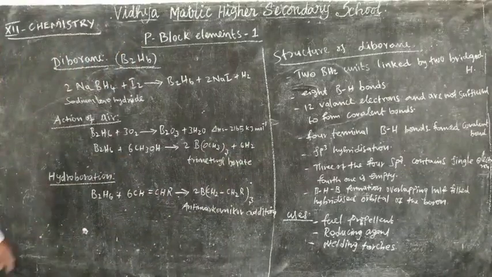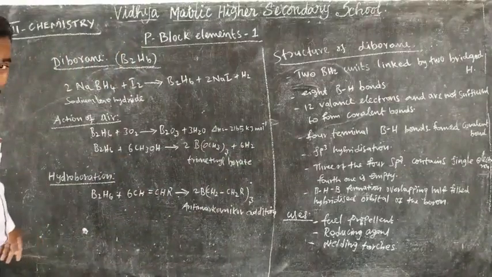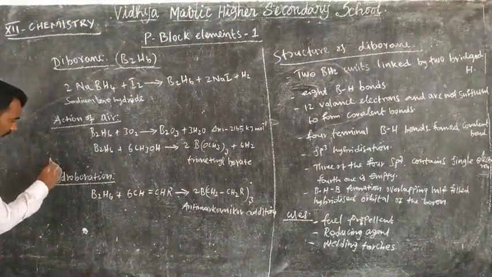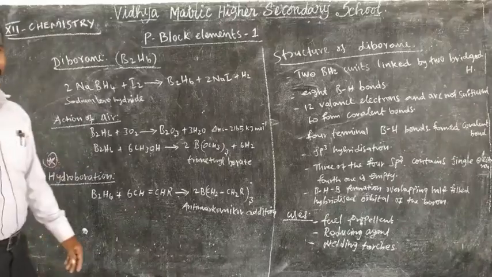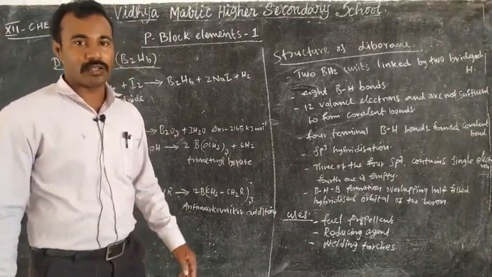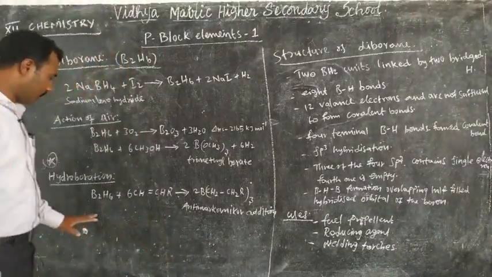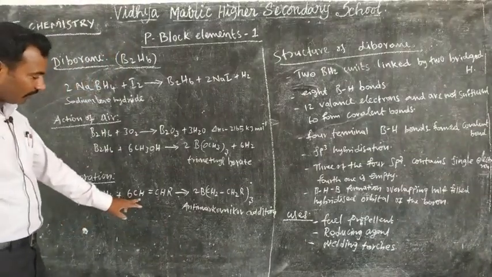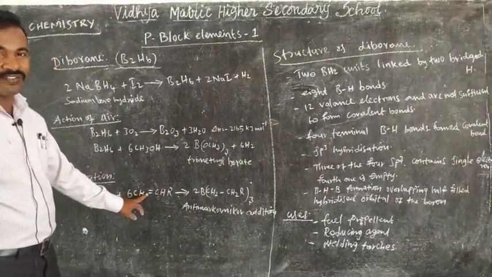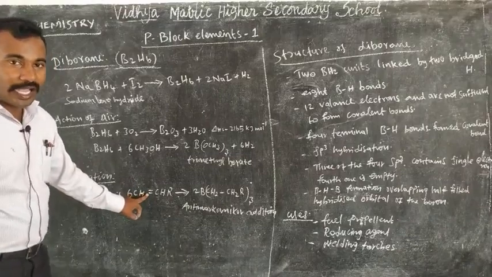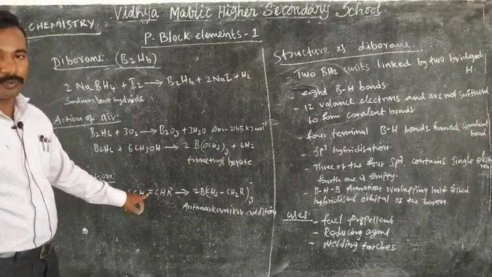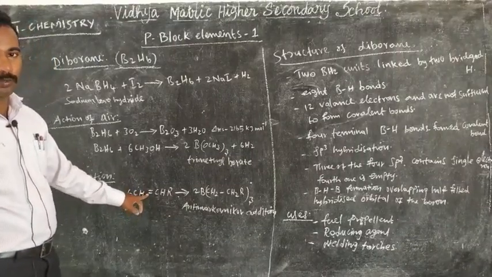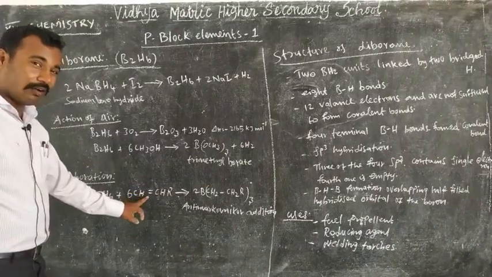Next one, hydroboration. Two more questions. These reactions are called addition reactions. Listen, diborane reacts with a double bond, which means alkene, an unsaturated compound, alkene or alkyne.